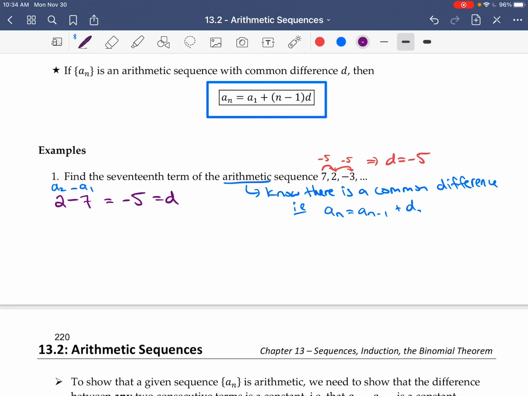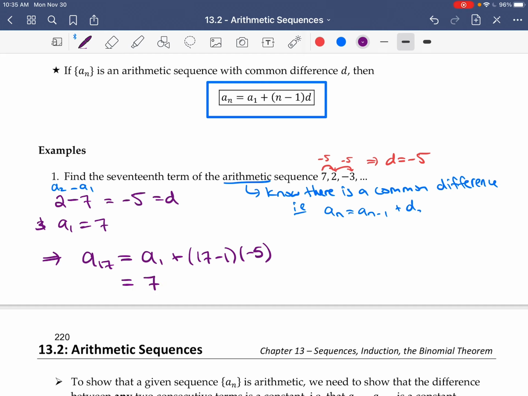Okay, and we know that a1 is 7, so that means using the formula above, a17 is going to be a1 plus 17 minus 1 times d, which is minus 5.